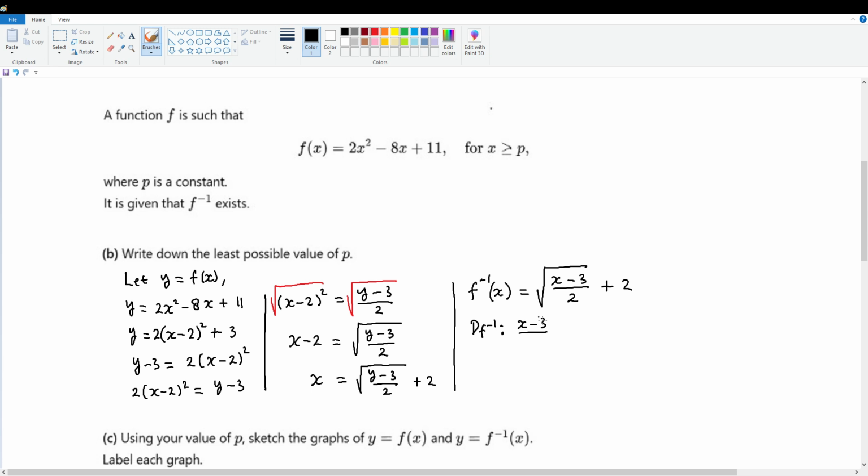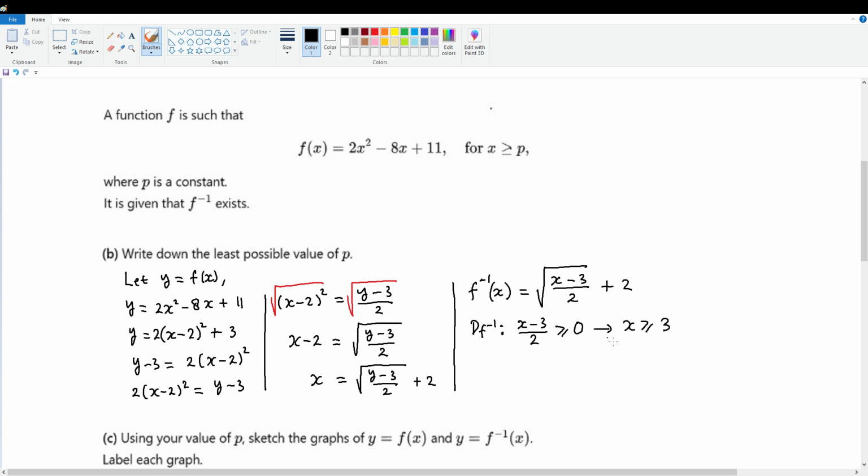You can say that (x - 3)/2 is greater than or equal to 0. In other words, we can say that x is greater than or equal to 3. Sorry, this is greater than or equal to 0, and the domain for this inverse is x greater than or equal to 3. You can simplify this.